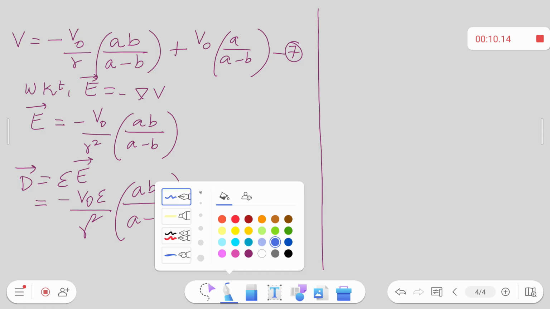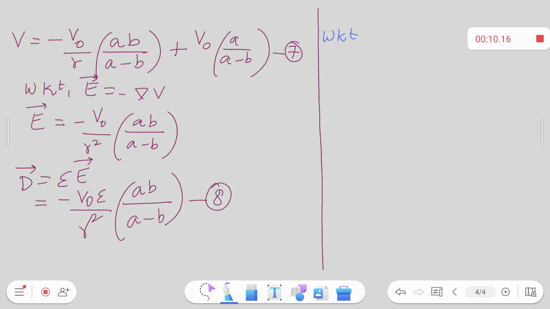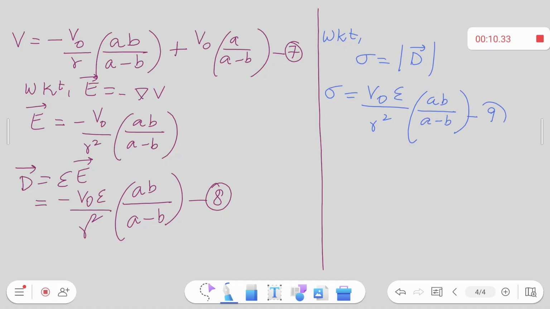Now we know that the surface charge density rho is equal to the magnitude of the D vector. So the magnitude of D vector will be V0 epsilon by r square into ab by a minus b. This is equation number 9. Then we will calculate the charge Q. So Q is the integration of the surface charge density over the given surface.